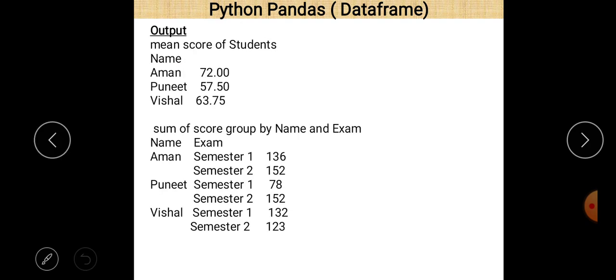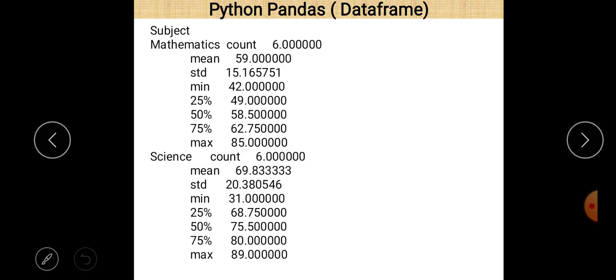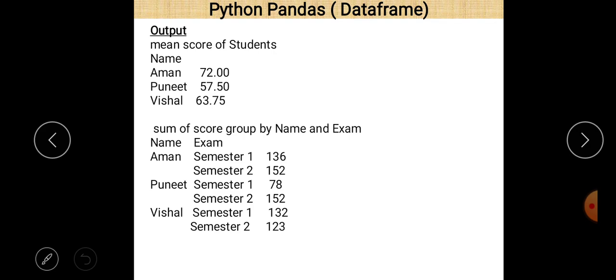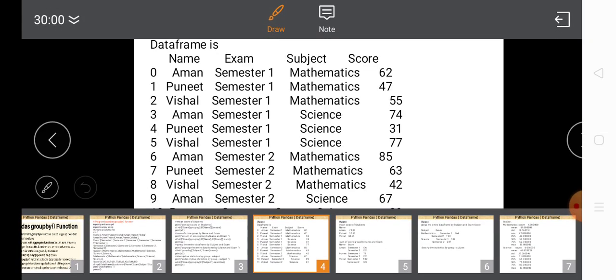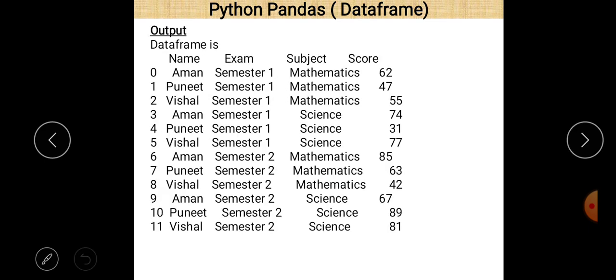When you just do it like subject and exam, then the output looks like this: subject and exam. Subject comes first and then exam, and we use the function sum here. So the sum of marks is here.